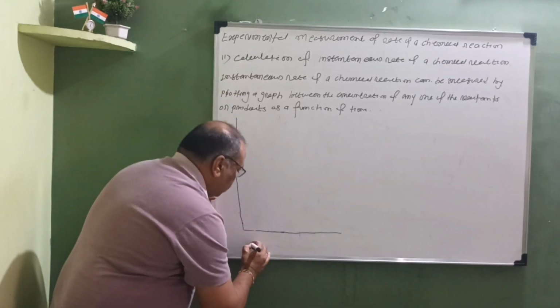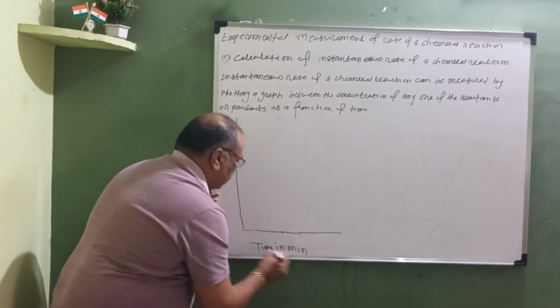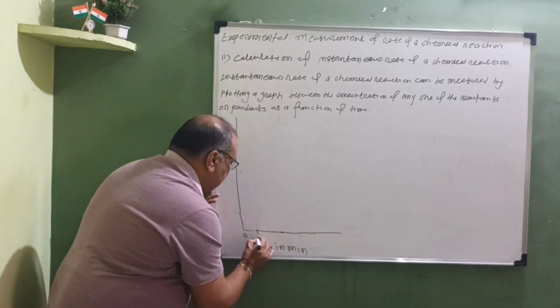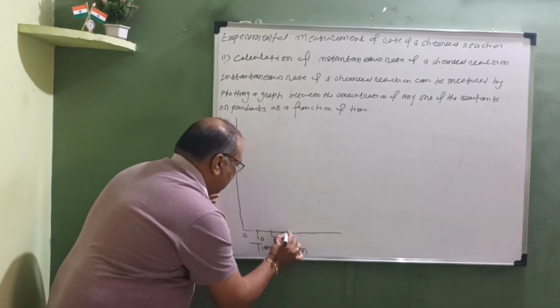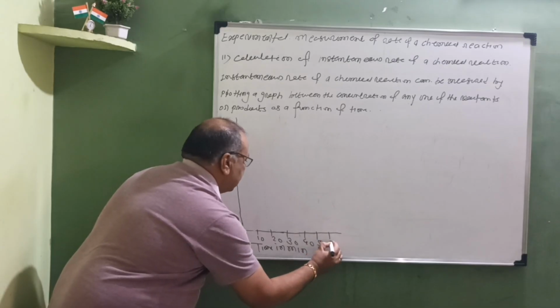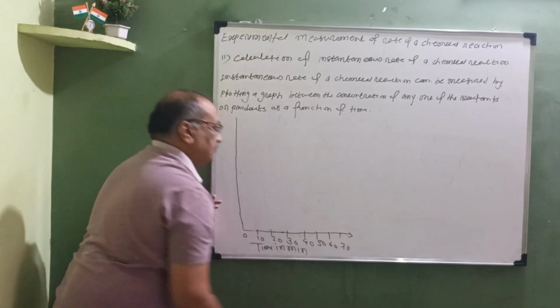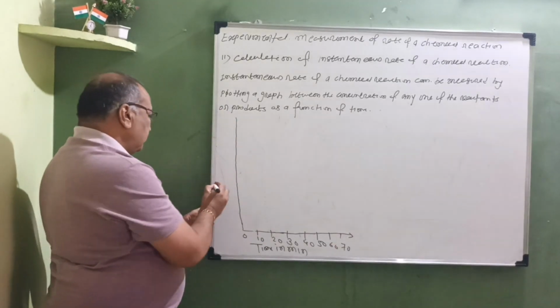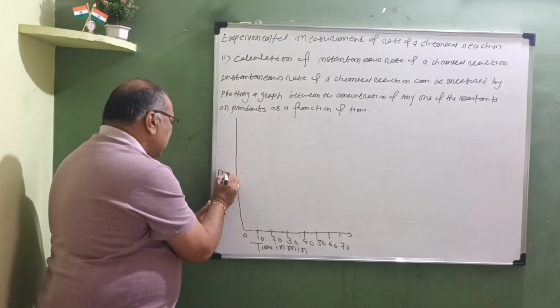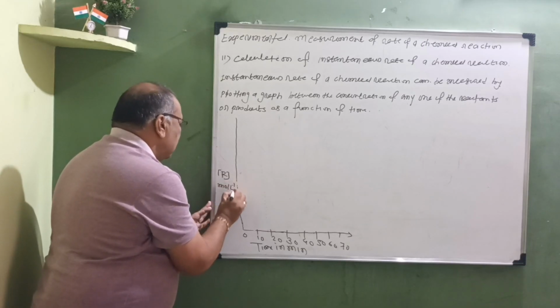Here write down time in minute: 0, 10, 20, 30, 40, 50, 60, 70. And here write down concentration of reactant in mole per liter.